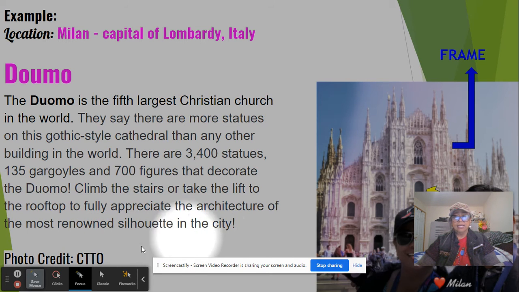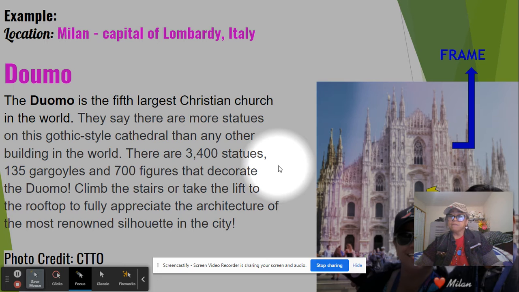Again, photo credit, it can be from a website, but this is my own, so I just said CTTO, credit to the owner. So this is me, and behind me would be this majestic Duomo. Kind of similar to Sagrada Familia also, but at least if you're in Italy, this is worth visiting.